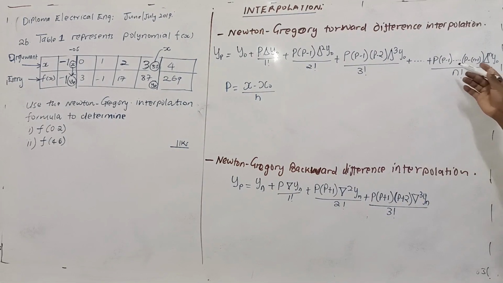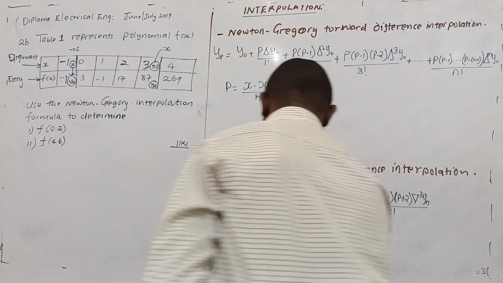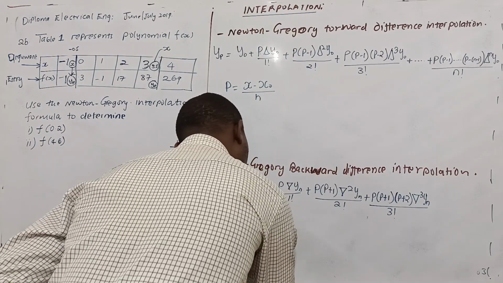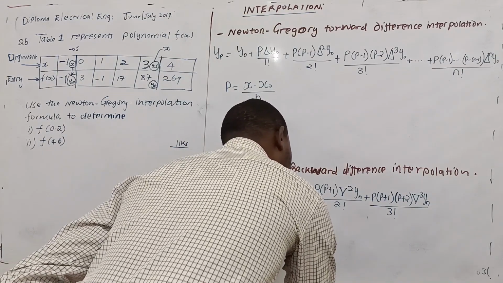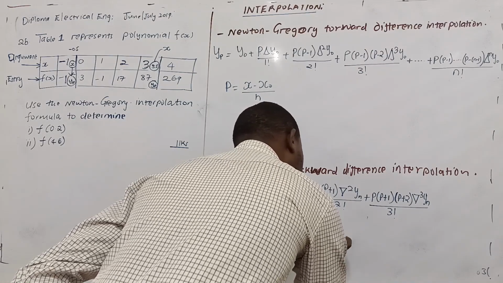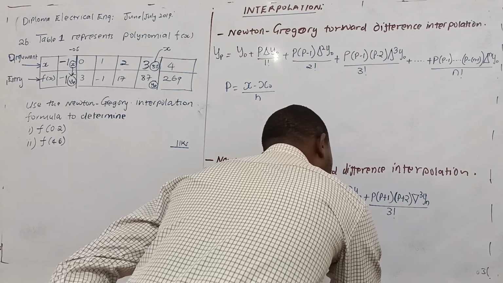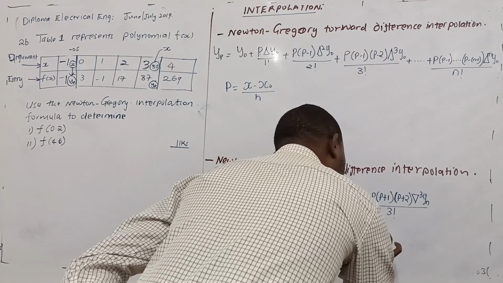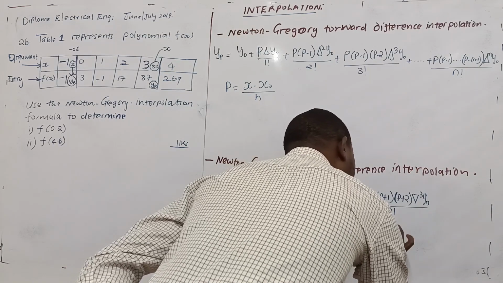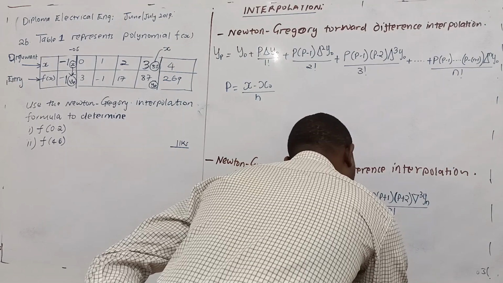And just like the other formula, we can continue like that. It's continuous. We continue adding all the terms in between, plus P(P+1) all the way to (P+n-1) times the nth backward difference of Yn all over n factorial.